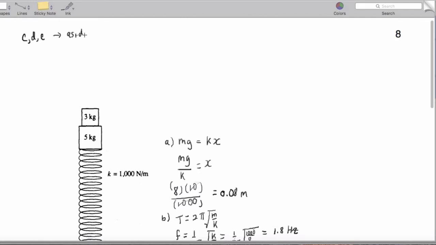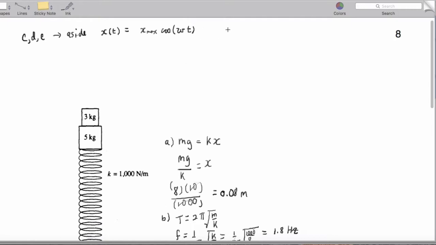So when blocks oscillate on a spring, just so you know, the position function is going to be a sinusoidal function. And so there's going to be what I'll call an x max, or an amplitude, times the cosine of some omega times t.